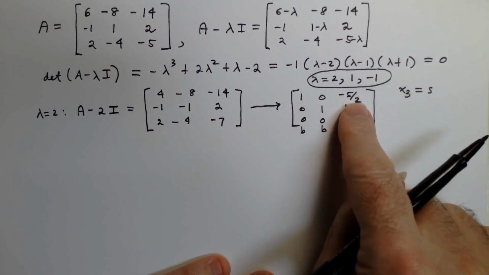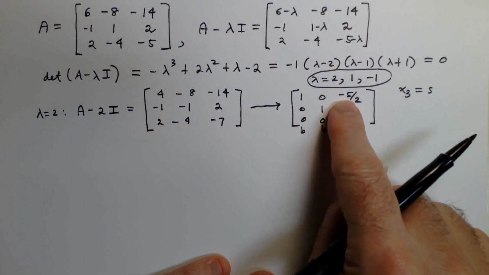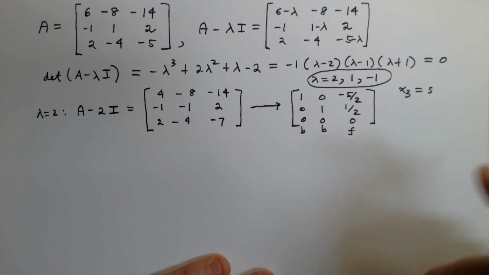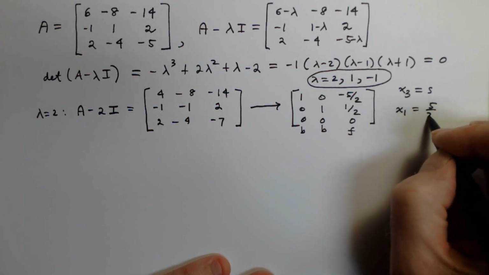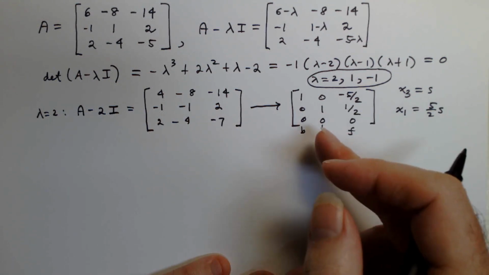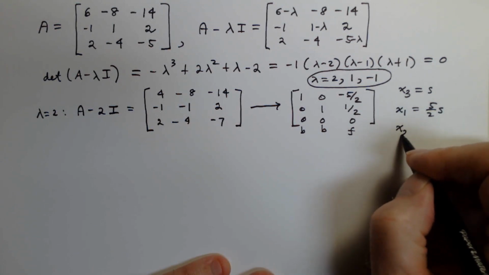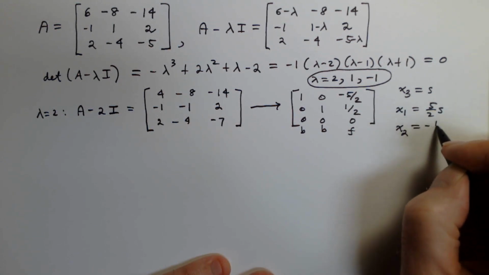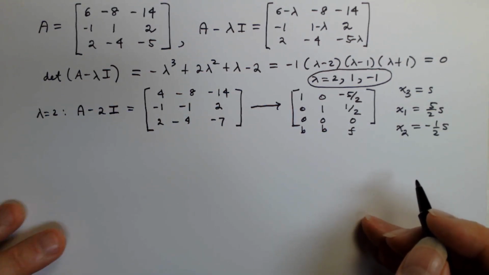And so this top equation is telling us that x1 minus 5 halves of s is equal to 0, or x1 is equal to 5 halves s. The second equation is telling me that x2 plus 1 half of s is equal to 0, so x2 is equal to negative 1 half of the variable s, the free variable s.